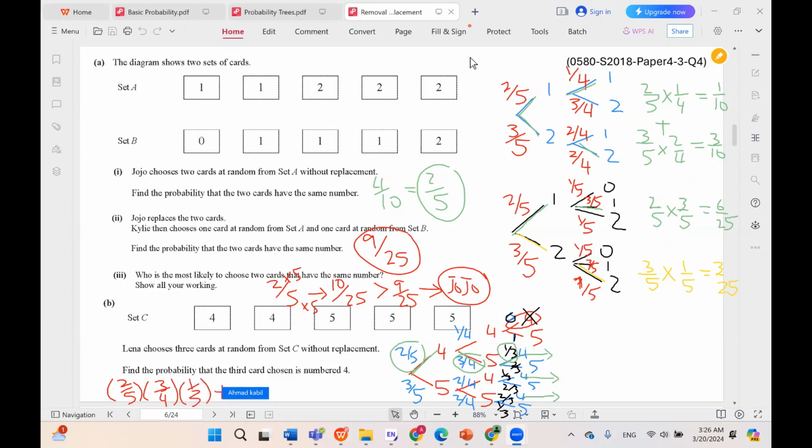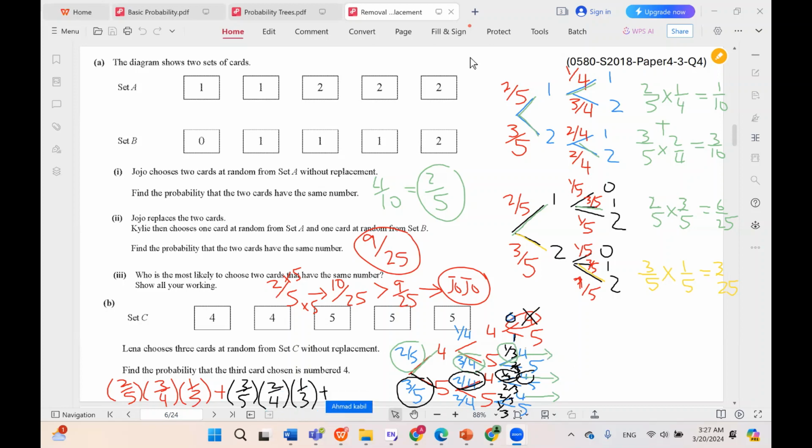And then for the second scenario, we want to get the 4 here. So we go 5 and then 4 and then 4. So this number multiplied by this number multiplied by this number here. So 3 over 5 times 2 over 4 times 1 over 3.